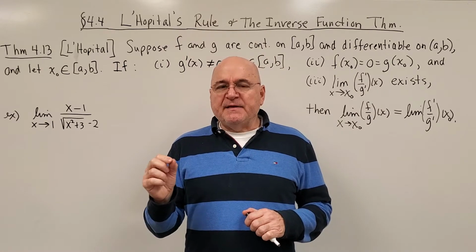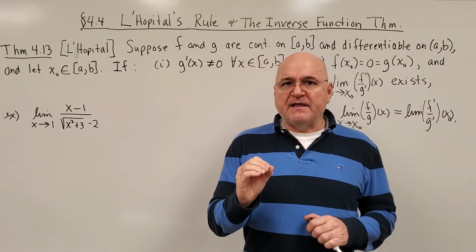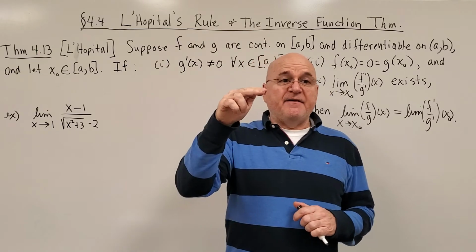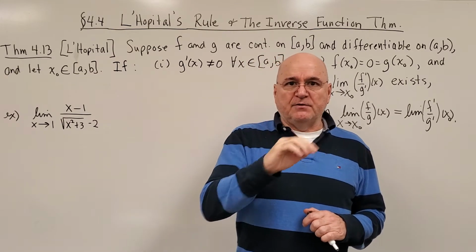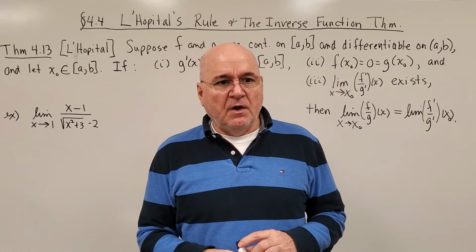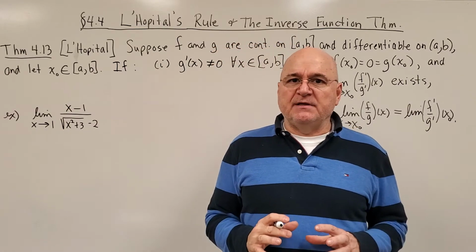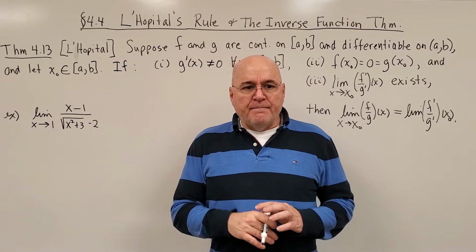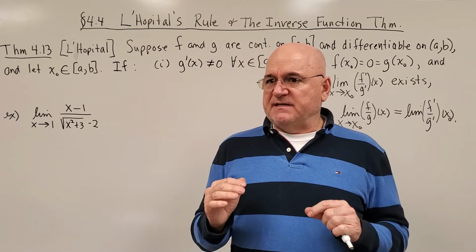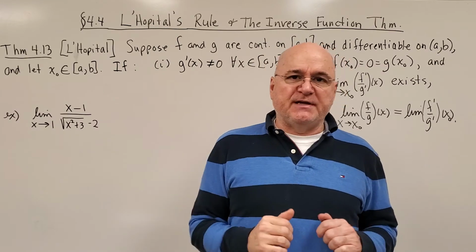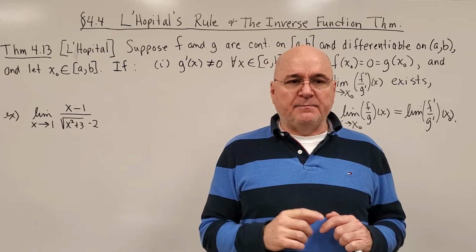Suppose the limit of f is 0 and the limit of g is 0 as x goes to some particular value x naught. Well, that doesn't help us too much in computing the limit, but maybe we could look at the rate or velocity at which they are approaching 0, and that might help us out.